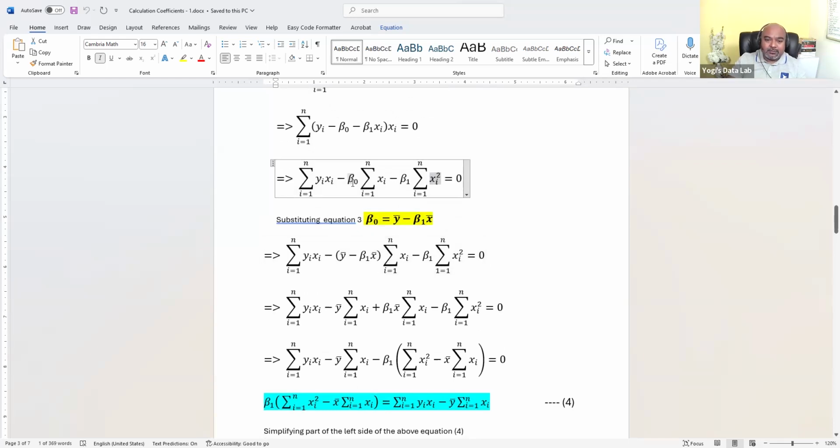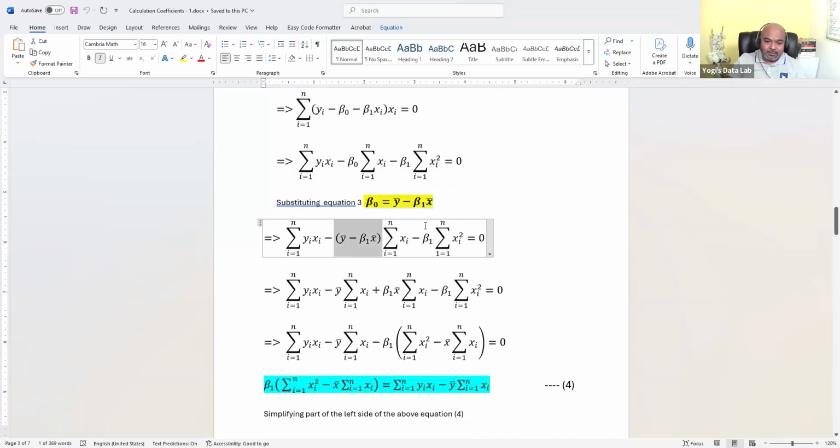Now beta 0 we already know is nothing but y bar minus beta 1 x bar. So let us go ahead and put the value of beta 0 over here. The remaining equation remains the same. I have just put the value of beta 0, which is y bar minus beta 1 x bar.